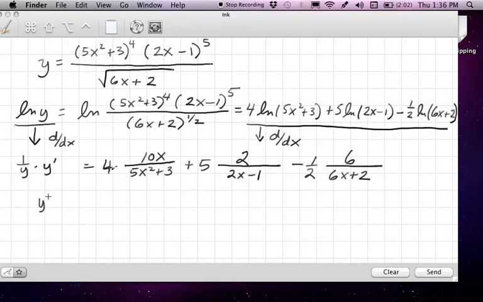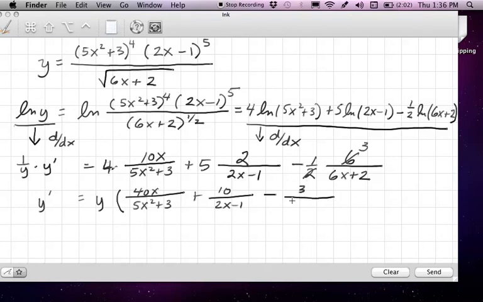So y prime, and so I'm going to have 40x all over 5x squared plus 3, plus 10 over 2x minus 1, minus 1/2 and a 6 cancels to give you a 3, so minus 3 over 6x plus 2.